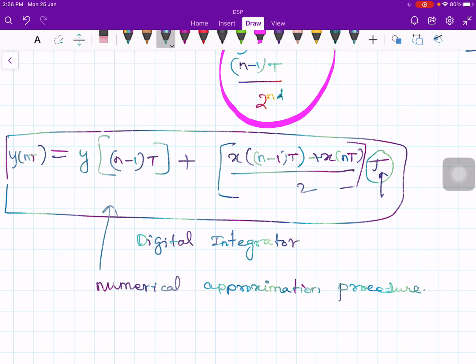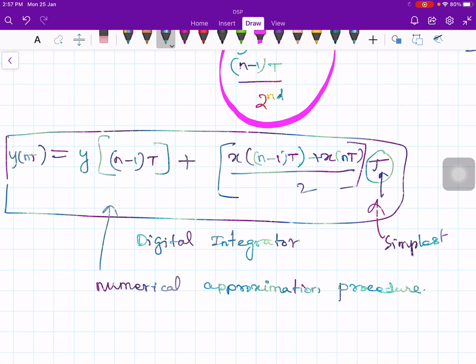There are many algorithms for numerical integration, and this is one of them. Perhaps the simplest one is this one. The way we did it here is the simplest one.